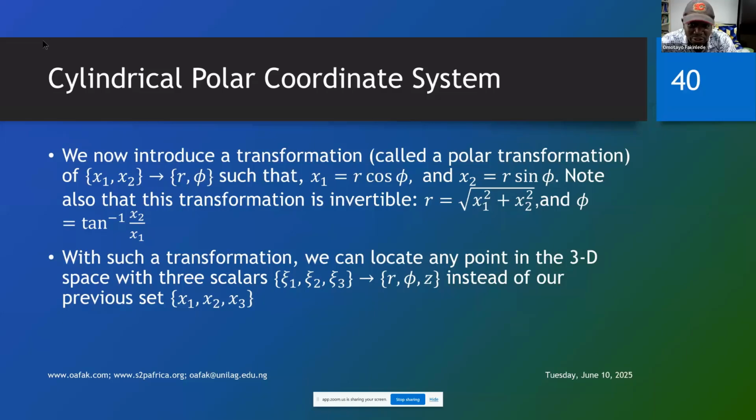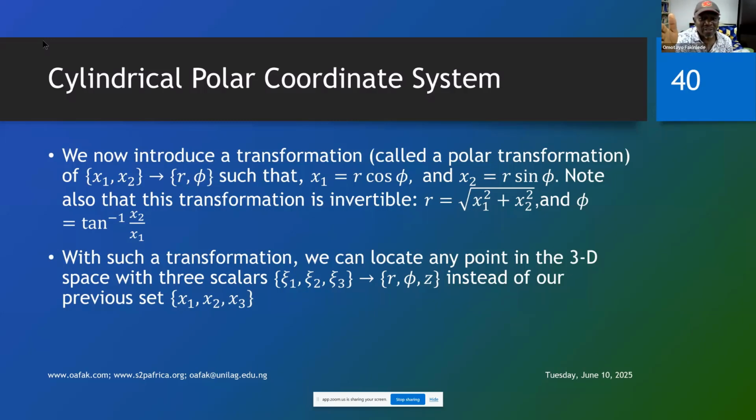With such a transformation, we can locate any point in the three-dimensional space with scalars xi 1, xi 2, and xi 3 being now r, phi, and z instead of our previous x1, x2, x3. So you are now dealing with r, phi, and z. If I tell you, give me 10 points, you are going to tell me the r value, the phi value, and the z value.